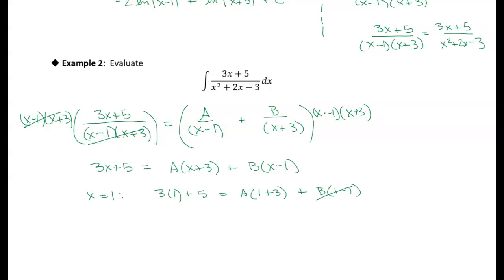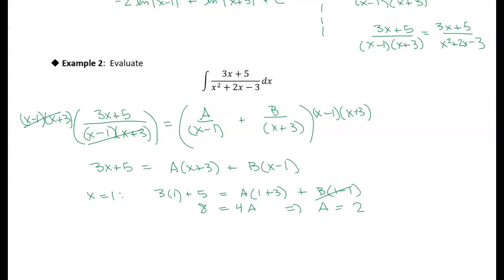And that's actually why I chose x equal 1, because it makes that second term go away, because 1 minus 1 is 0. So that's why I chose that as a convenient value. So this side then becomes 8, and this side becomes 4a. And so you can see that a has to be equal to 2. Okay? So we have a.